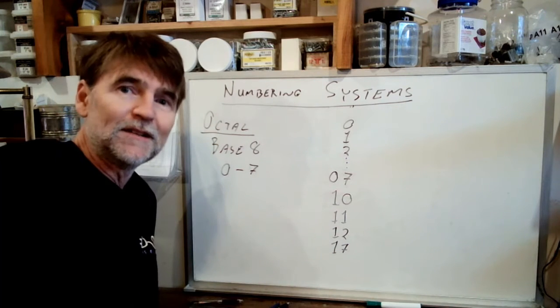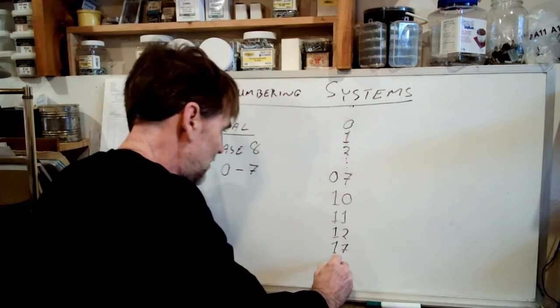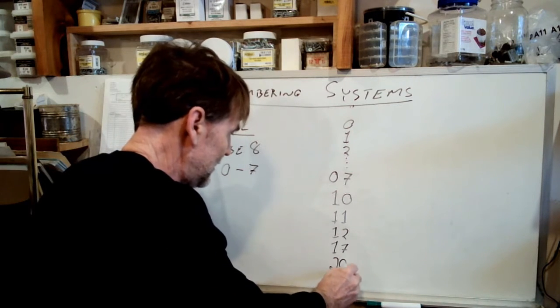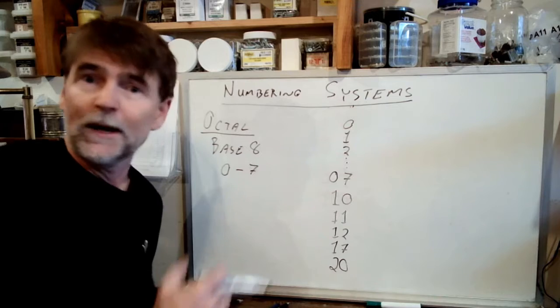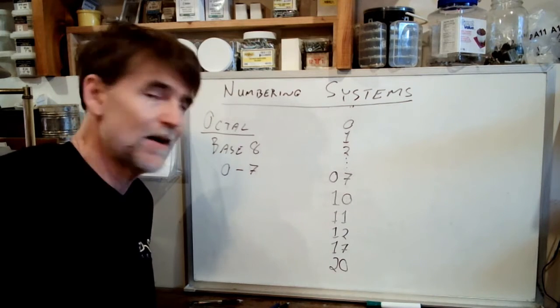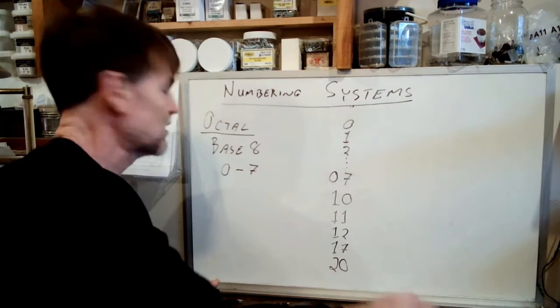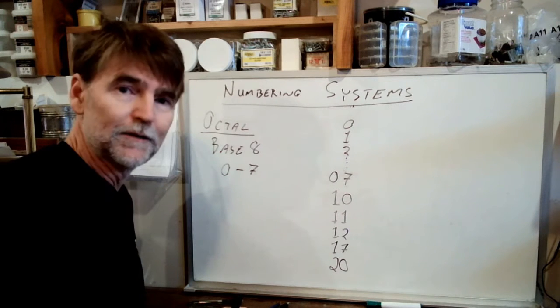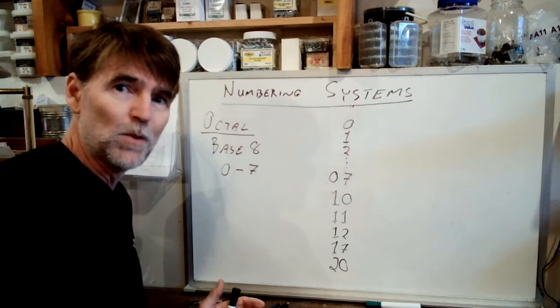We've run out of unique digits. What do we do? We increment the column to the left. 1 becomes a 2, and we go back and start over. And so that's the numbering system. That's how that works. That's octal. Like I say, it doesn't really have a lot of functionality anymore.